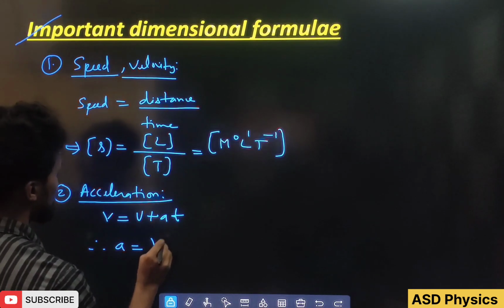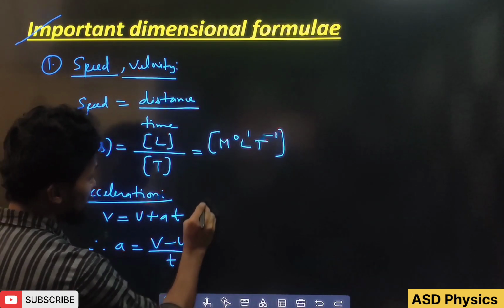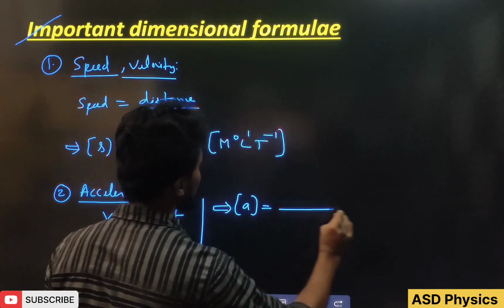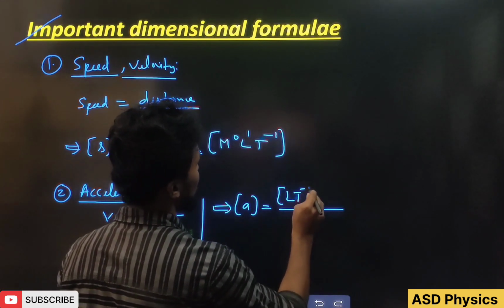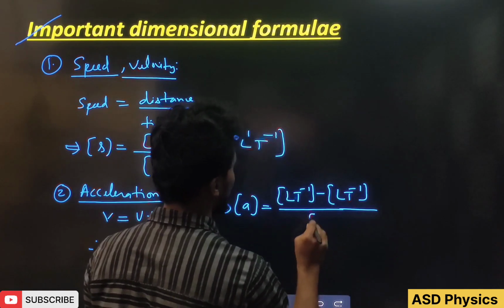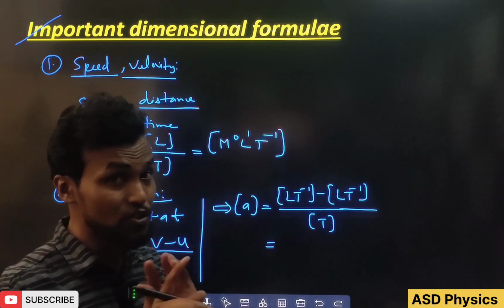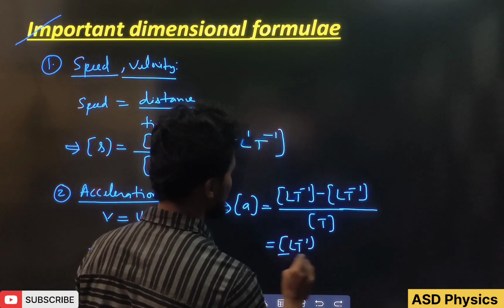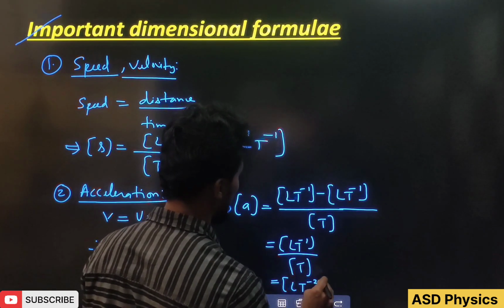So acceleration is V minus U by T. Now if I write the dimensional formula, always in a big bracket, for the final velocity LT minus 1, minus initial velocity LT minus 1, and time is T. Don't think LT minus 1 minus LT minus 1 is 0, no, this is just a unit. That means we can write LT minus 1 by T. So this will become LT minus 2.